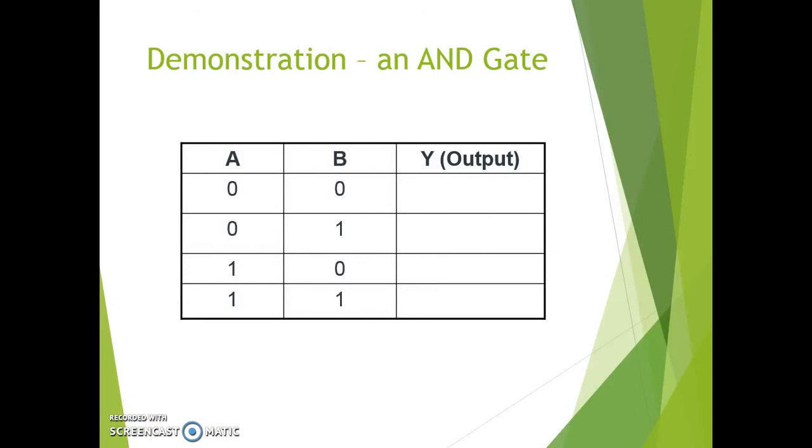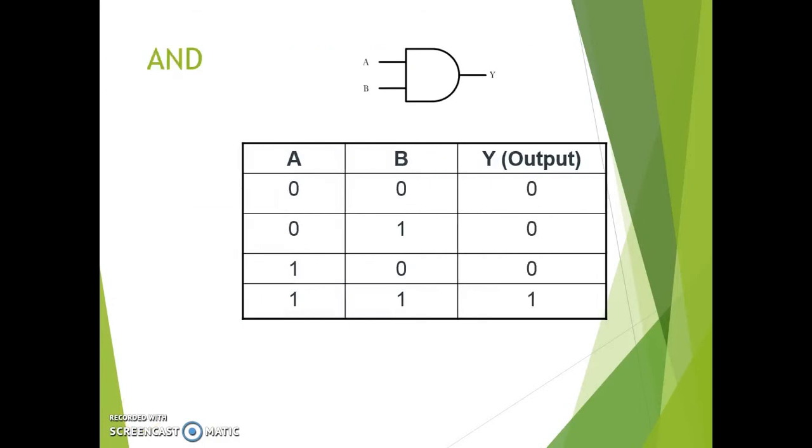Okay, hopefully you've got your table filled out. Here's mine for the AND gate. As we discussed, both inputs 0, our output is 0, and so on. And the only case where the output is 1 is when both inputs are 1.